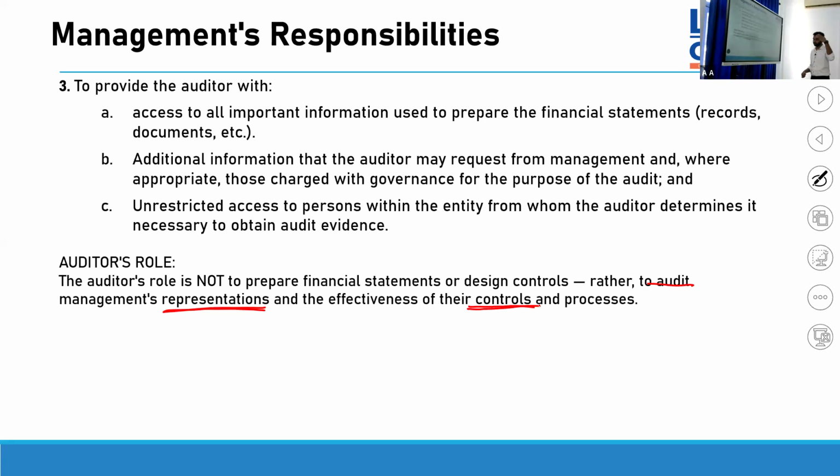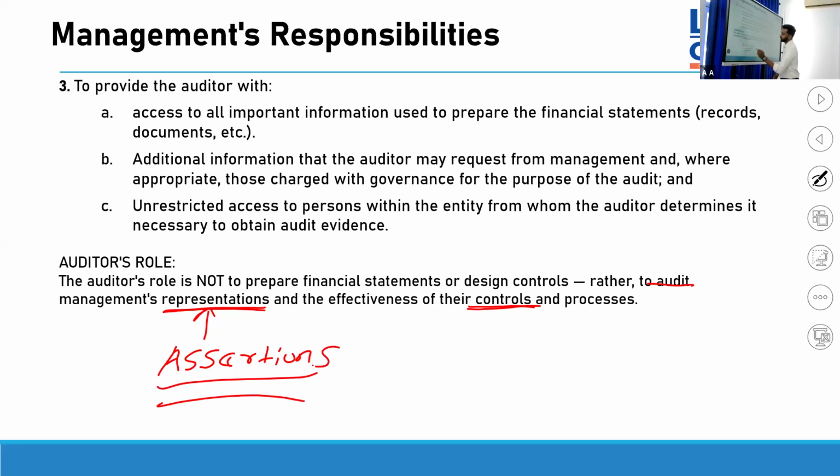So we are not responsible for preparation of financial statement or any implementation or designing of internal control. Our role as an auditor is to audit the management representations, which means assertions. We will discuss this later in detail.